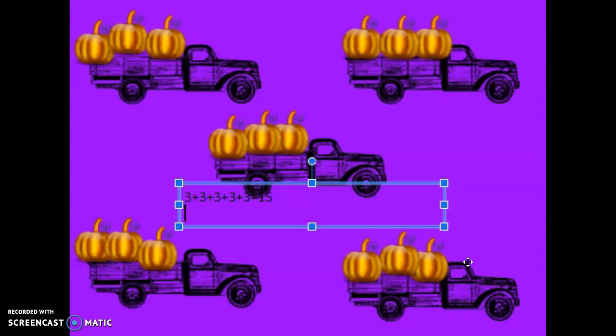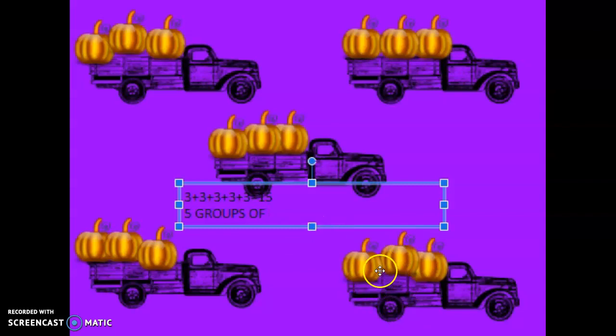Now, how can I write an addition, I'm sorry, a multiplication sentence to match this problem? So if I'm looking at this, I need to look at how many groups I have. So remember, the truck represents how many groups? So I have 1, 2, 3, 4, 5. So I have 5 groups of, and then I'm going to be looking how many items are in each group.